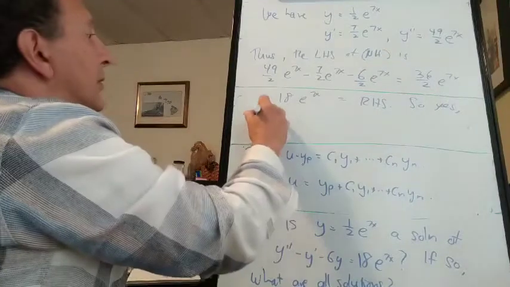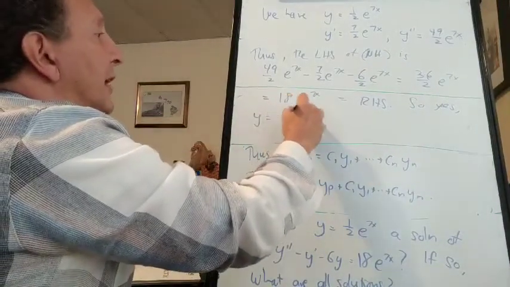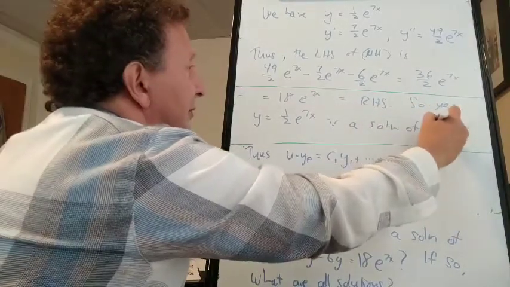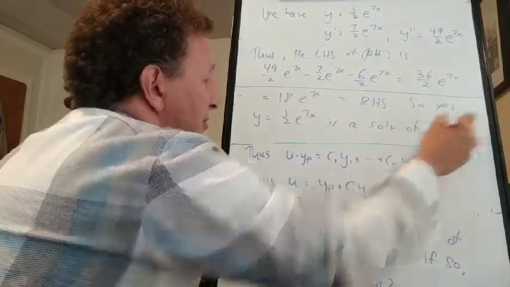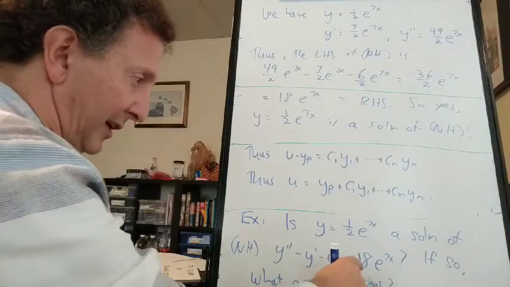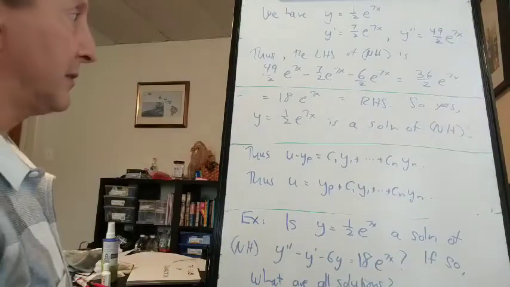So yes, y equals 1/2 e to the 7x is a solution of the non-homogeneous differential equation y double prime minus y prime minus 6y equals 18 e to the 7x.